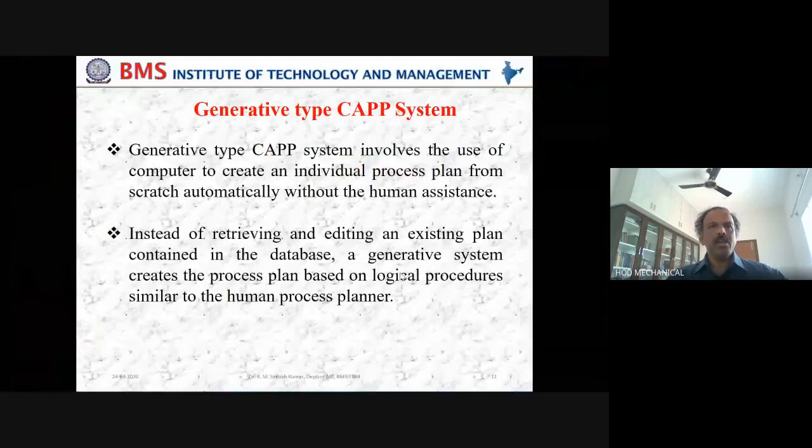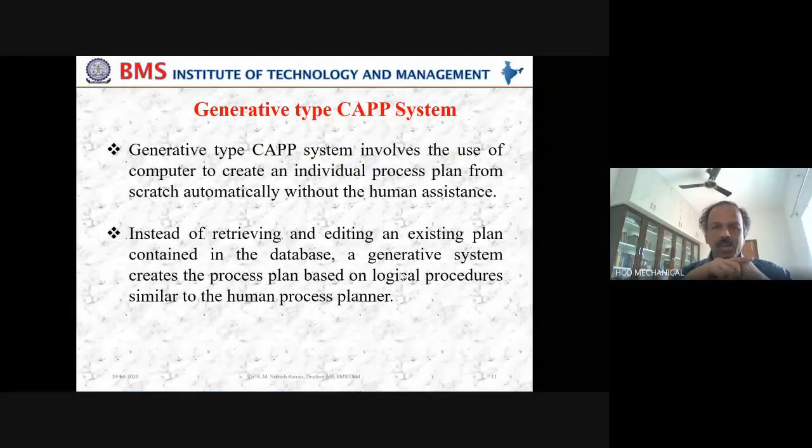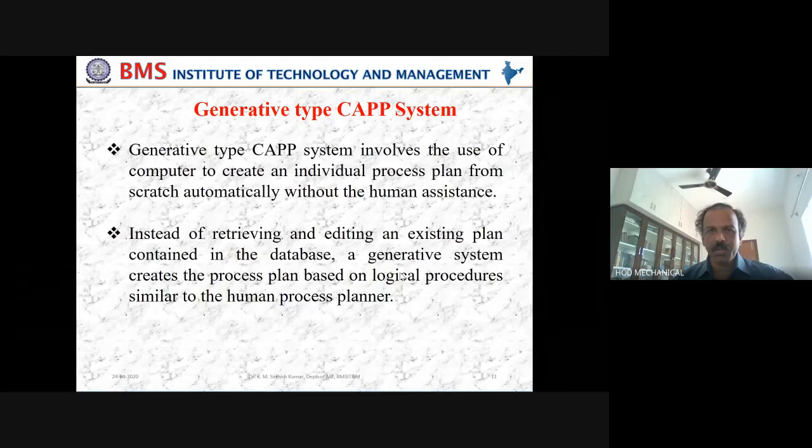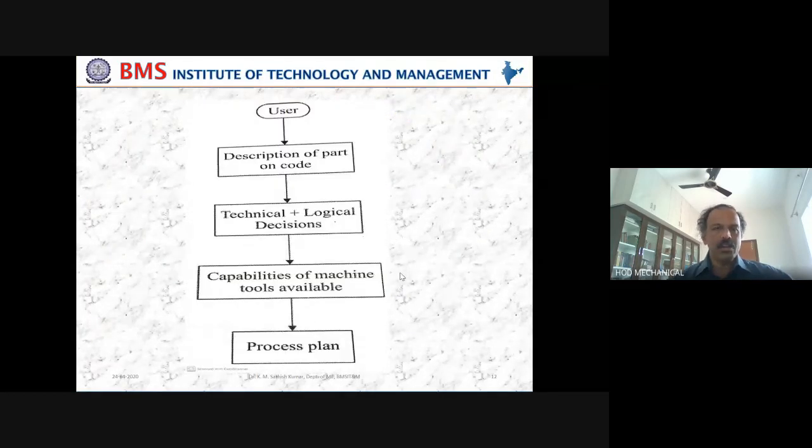So in case of the generative CAPP system, what we understood is we are not going to use any existing plan. Rather, we are going to use the inputs from the human resources and then plan accordingly. First we describe the part, and then the technical and logical decisions, which we call the knowledge base.